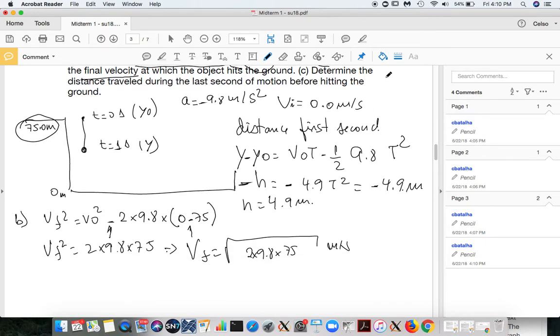So determine the distance traveled during the last second of motion before hitting the ground. During the last second. This is a tricky one. I think I will be lenient in the way you solve this problem.